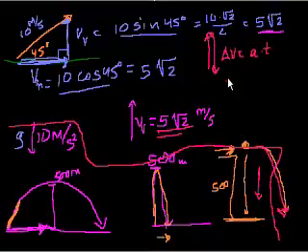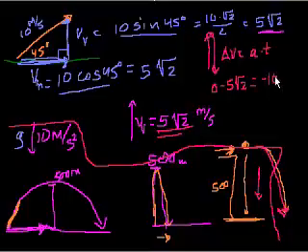Well, what's the change in velocity? It's the final velocity, 0, minus my initial velocity, 5 square roots of 2, is equal to the acceleration, that's 10 meters per second squared, and forgive me for not putting the units in right now because I'm running out of space, times time.